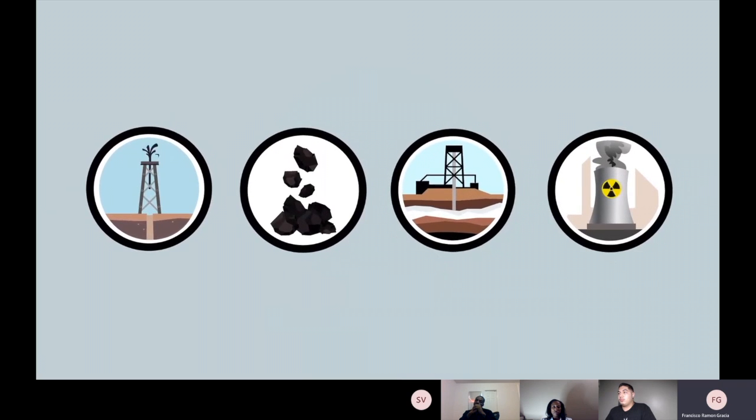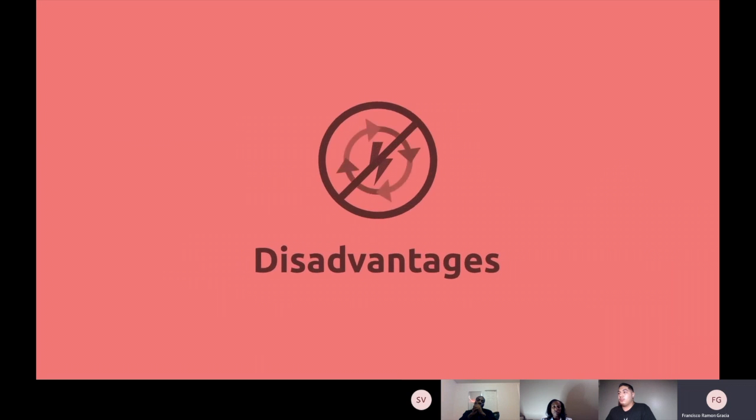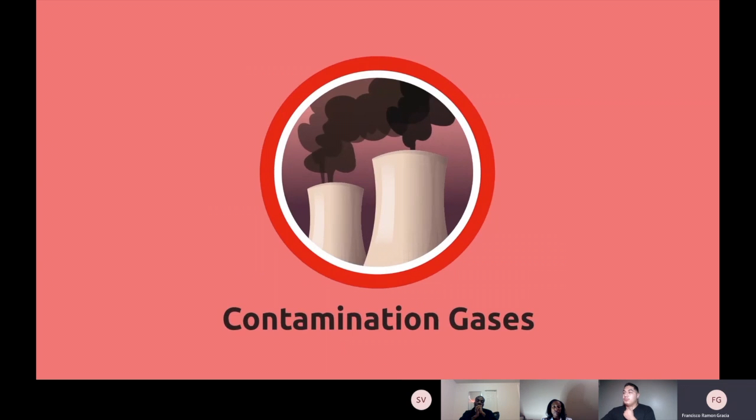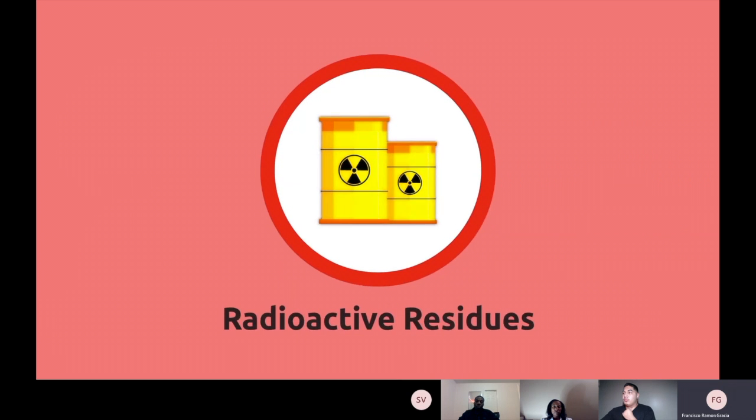Non-renewable energies have disadvantages for the environment. For example, exhaust gases emit contamination gases in the atmosphere, which are harmful for the planet. As for nuclear energy, it is necessary to handle radioactive residues properly.